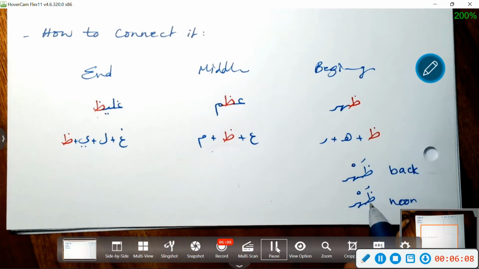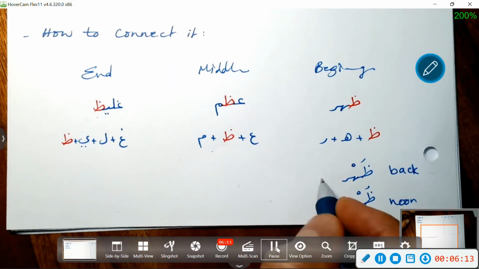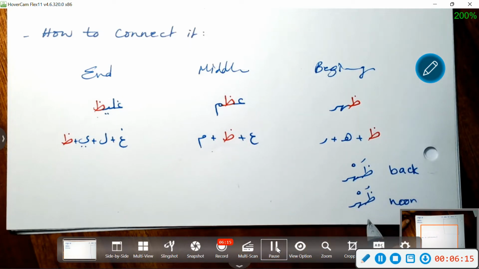Now if you want to add fatha to the ha, and we say, for example, dhahar, now we have fatha over the dha, fatha over the ha, dhahar. Now this is another word too, and it means appeared.